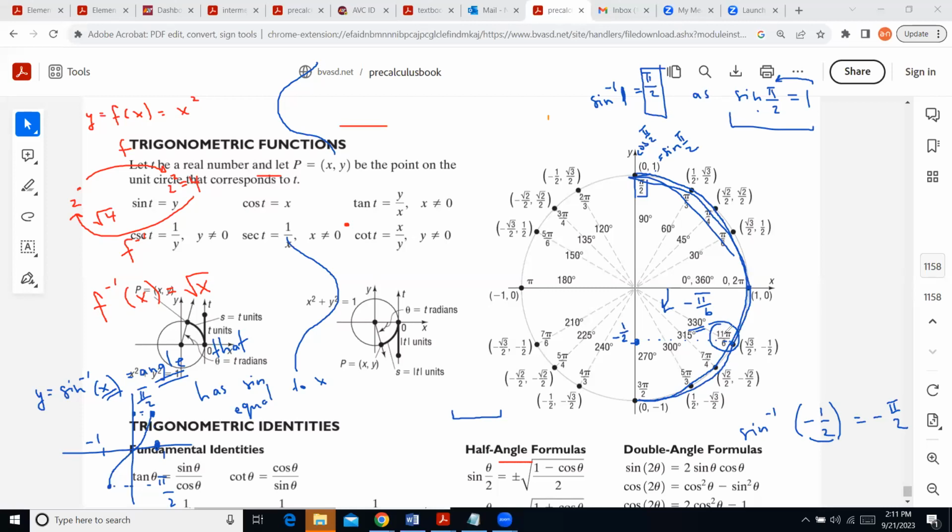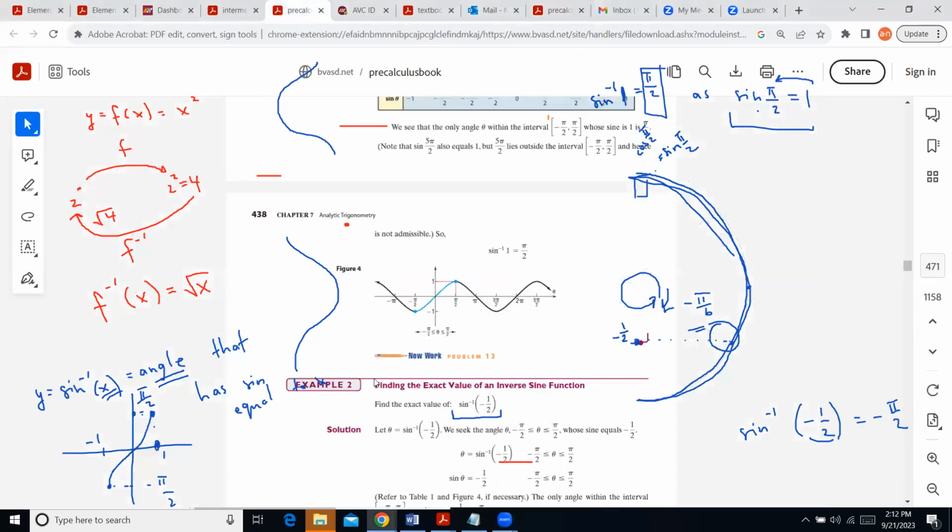See, 11 pi over 6 will be going all the way around. No, we can only go negative. And again, the main reason we go negative is because of our definition of function arcsine.